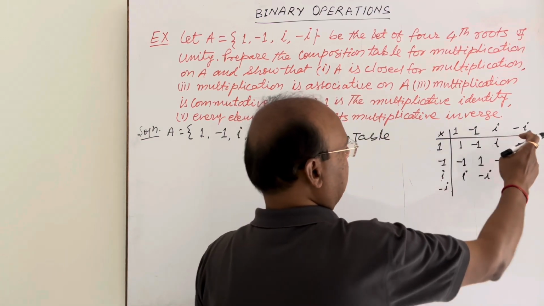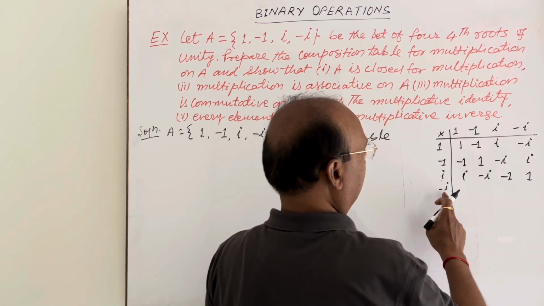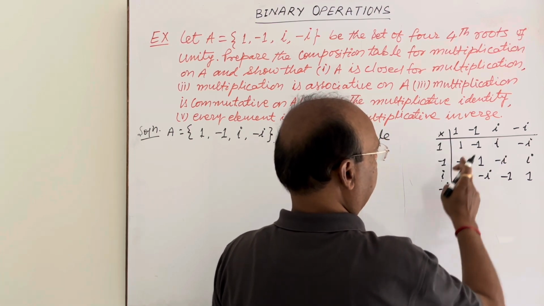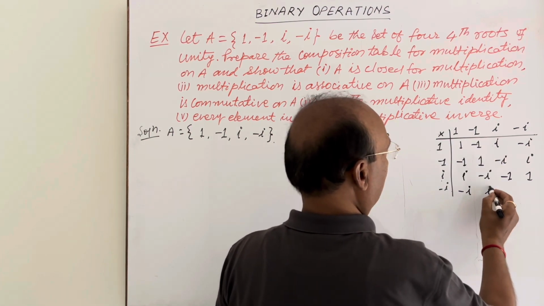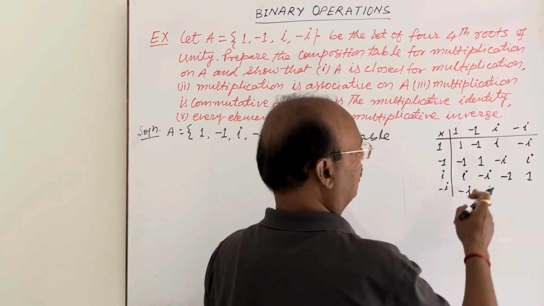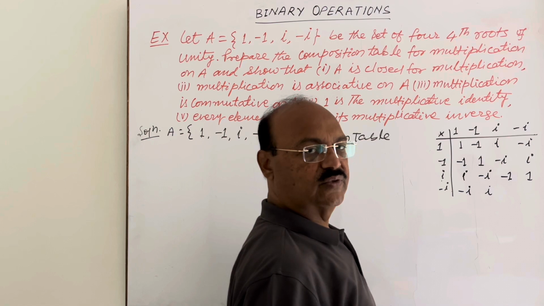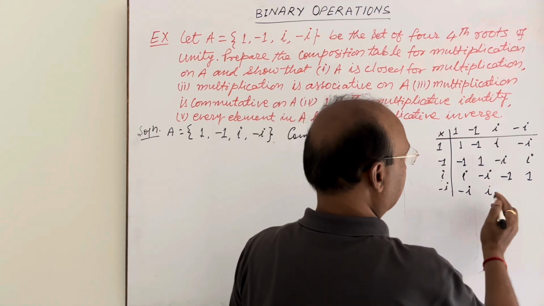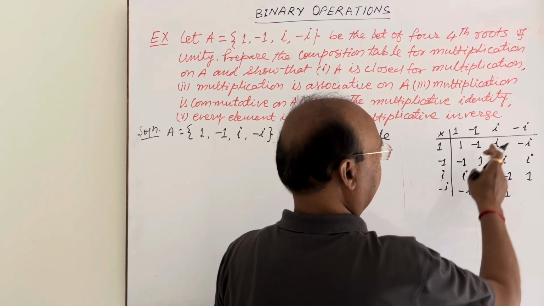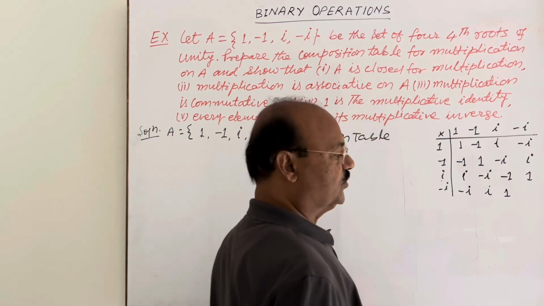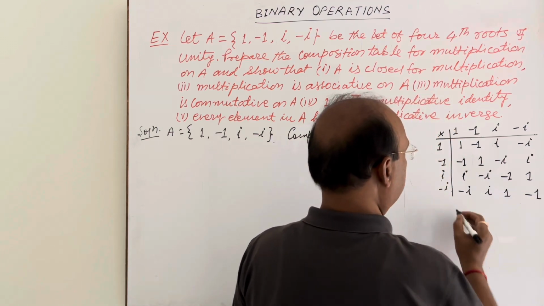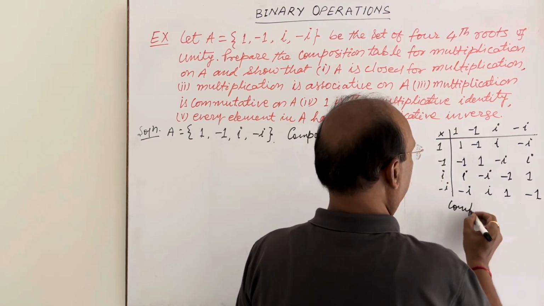Now multiplying these elements with minus i: minus i into 1 is minus i, minus i into minus 1 is plus i, minus i into i is minus of i square. You know i square is minus 1, so minus of minus 1 is plus 1, and minus i into minus i, that is i square, is equal to minus 1. So this is the composition table.